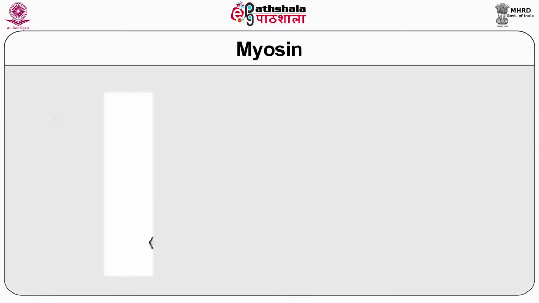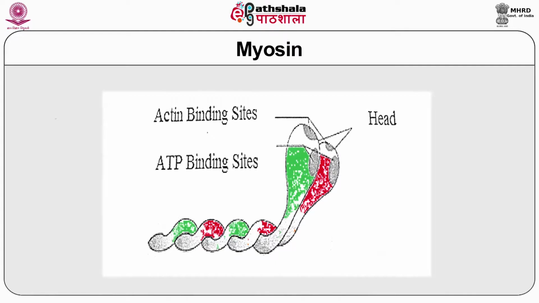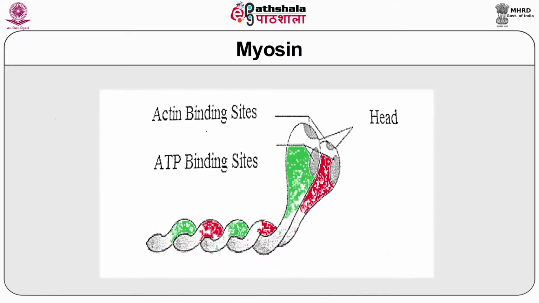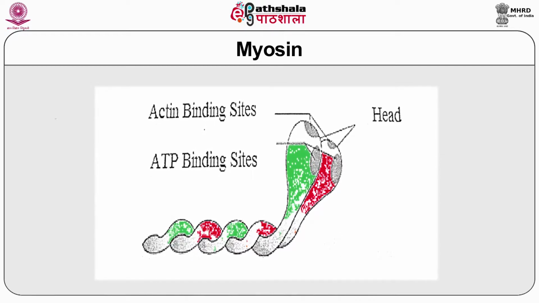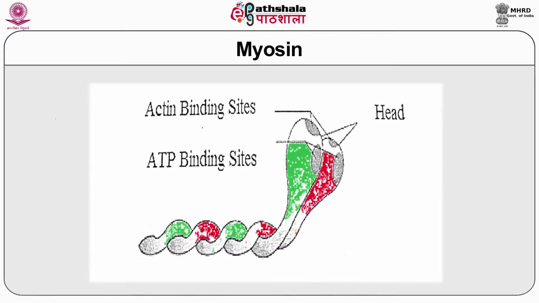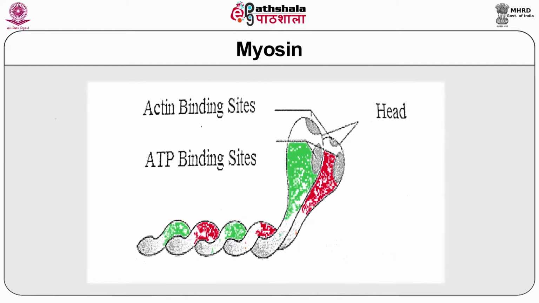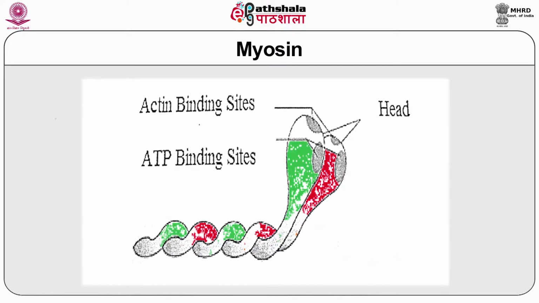Now, let us talk about myosin. It consists of the thick filament, and each thick filament has 200 or more myosin molecules. There are various types of myosin proteins, but in skeletal muscle, myosin type 2 is present. It has a light chain and a heavy chain.